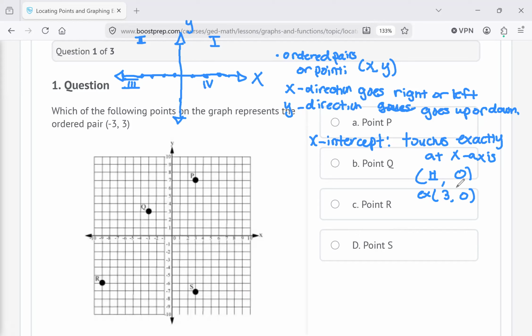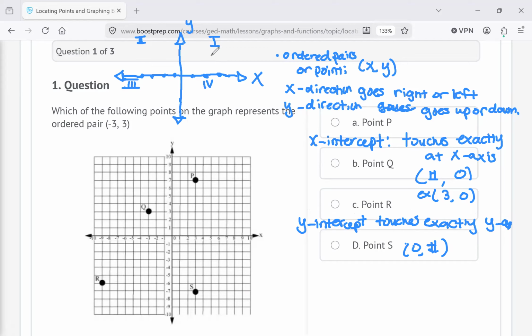And then the y-intercept touches exactly at the y-axis, at 0 comma a number.